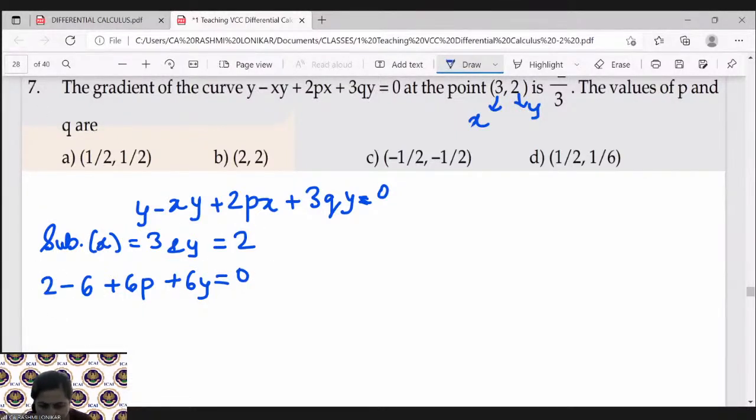So I have minus 4 plus 6p plus 6q is equal to 0. Okay, this is q, not p, because y is 2. So we have q here.